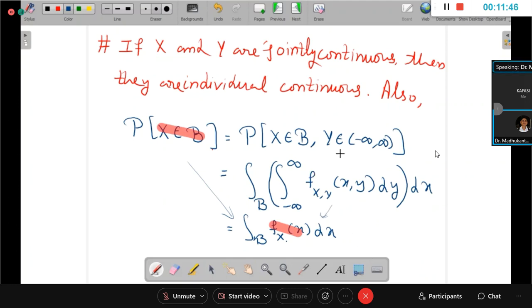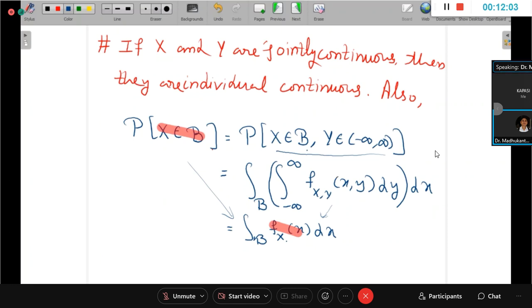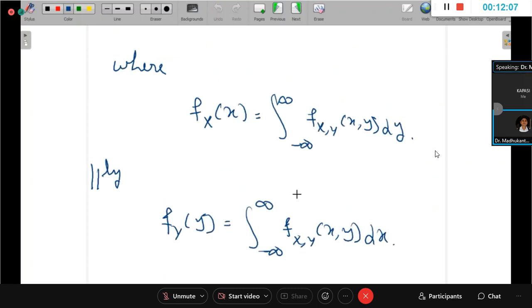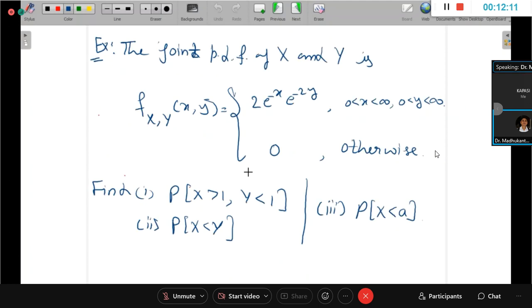So either you find the marginal PDF of x first and then integrate over the region B, or you can write this and get this. This is only just the definitions.